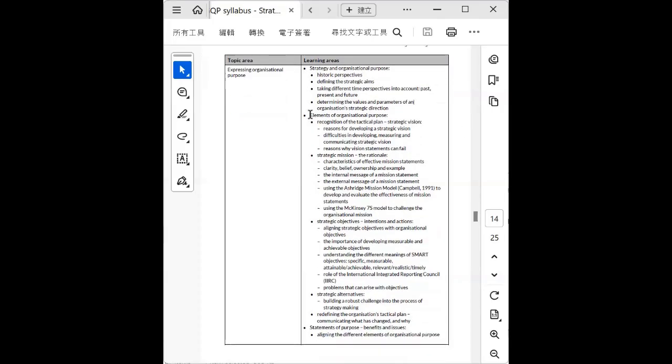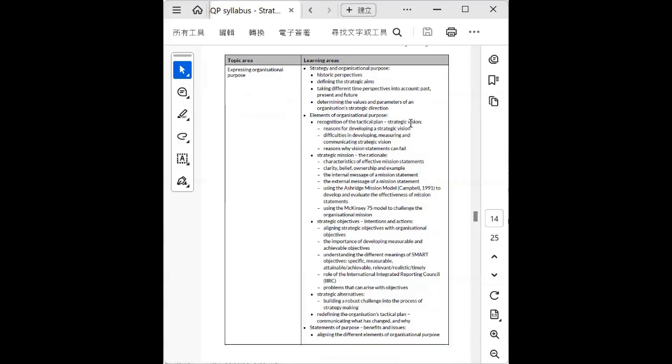Next, we look at the elements of strategic purposes, which includes the various elements. There's the recognitions of tactical plan. You have the strategic visions, reasons for developing the strategic vision.